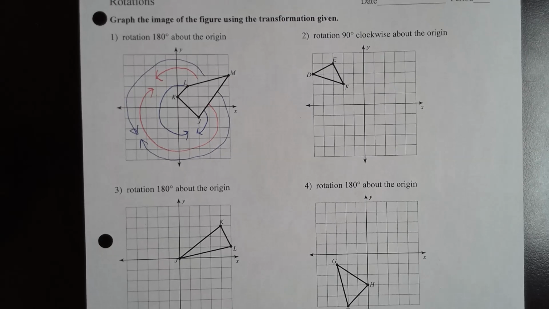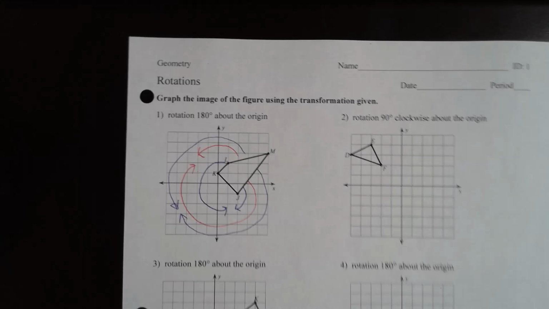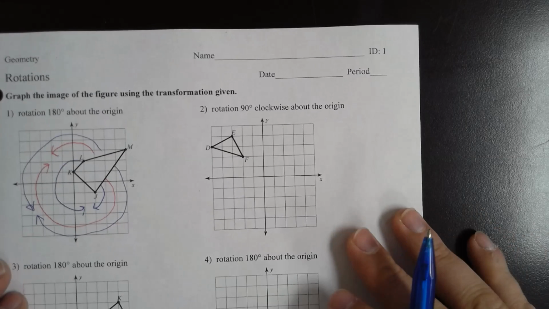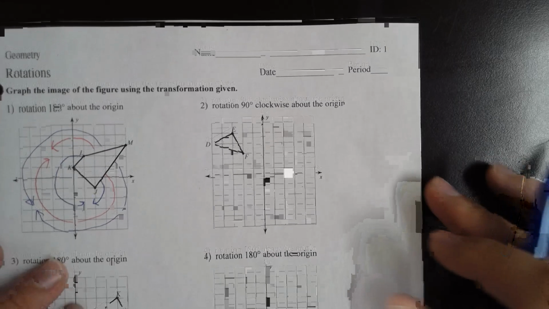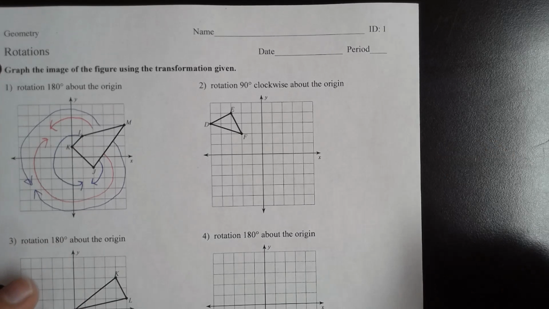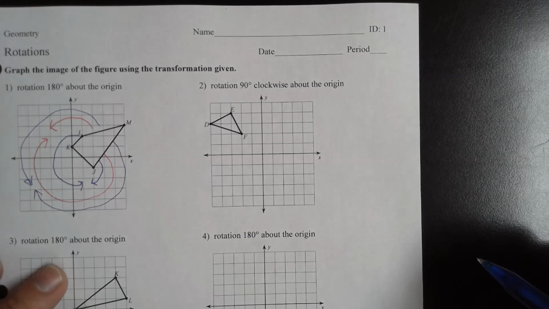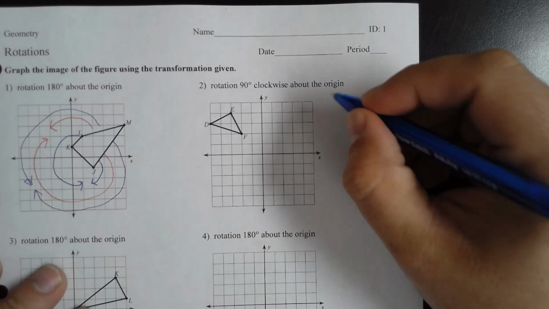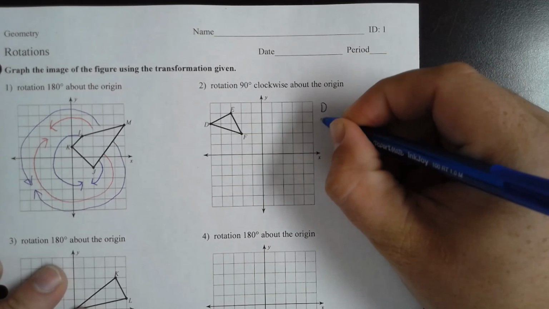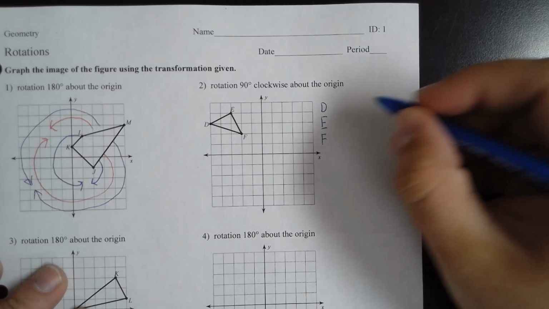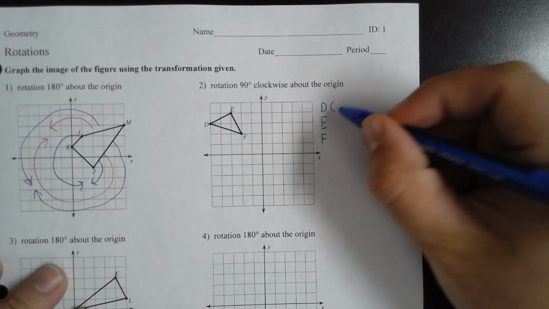So, if we are looking at our number 2, it says we're doing a rotation 90 degrees clockwise about the origin. One of the first things we want to do is write down what each coordinate point is. So what is our coordinate point for D?